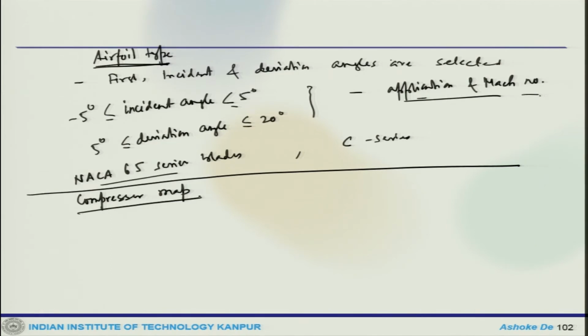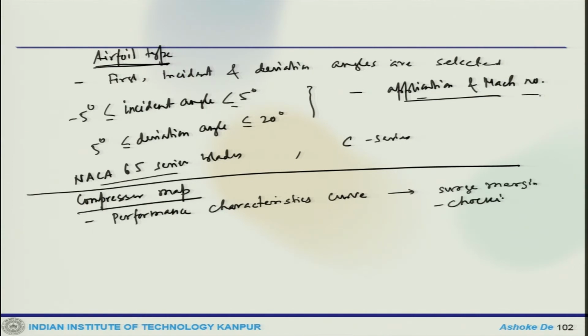So, the compressor map, or rather performance characteristics curve, will provide you surge margin, choking. So, these are very important parameters. So, any compressor which is designed has to perform smoothly without going into stall or later on surge.